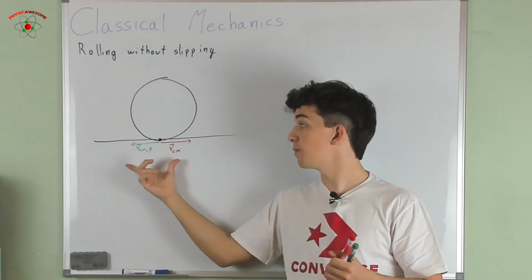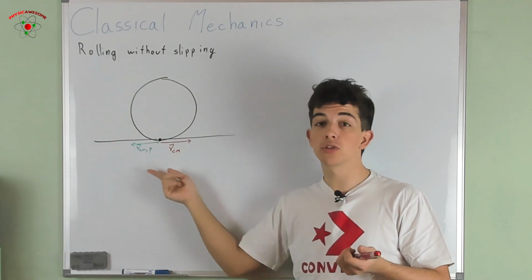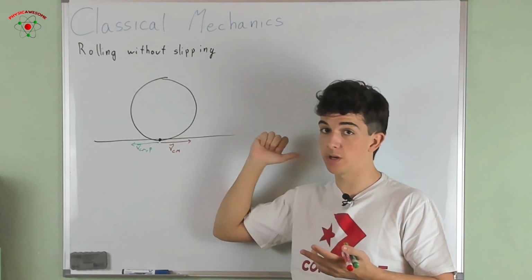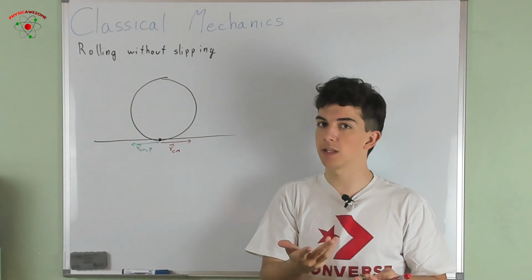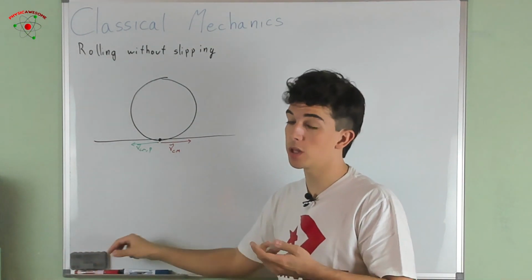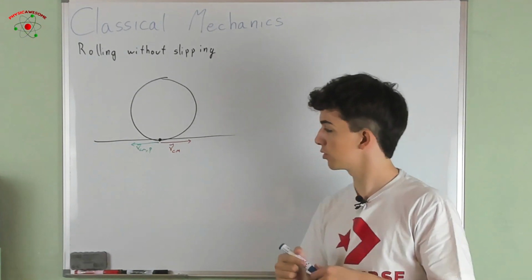Earlier, we didn't know the magnitude of this vector sum because these two vectors might cancel each other, might point over there, might point over here, which is basically the three cases that we explored earlier. In this specific case, rolling without slipping, we do know the magnitude of these two vectors.